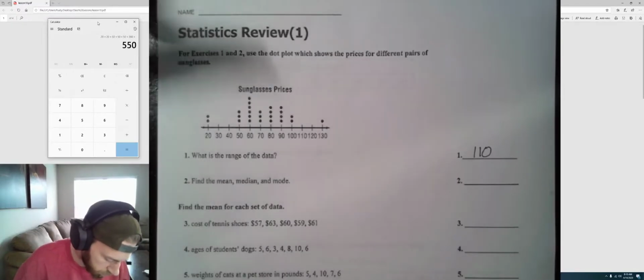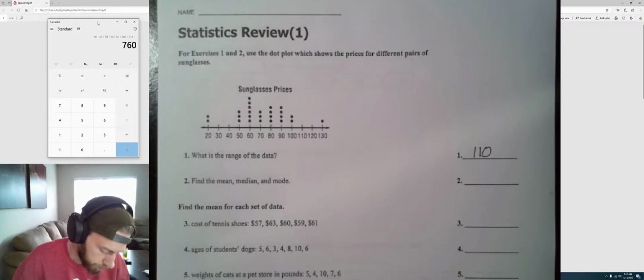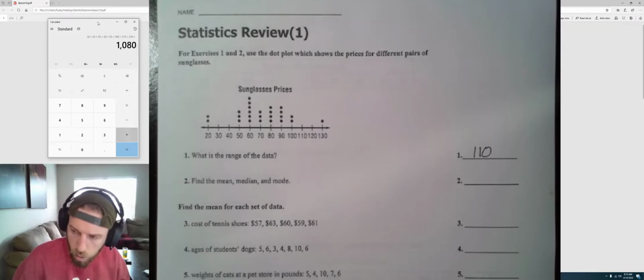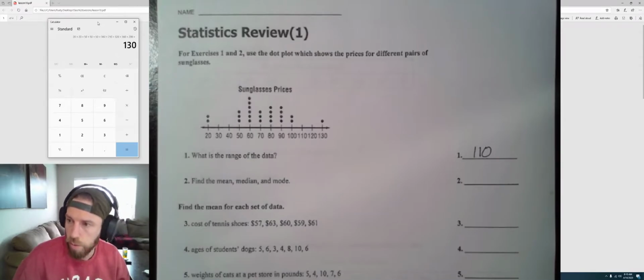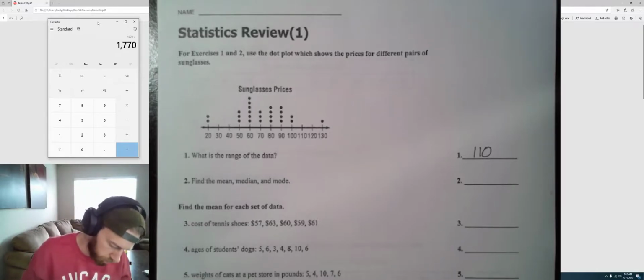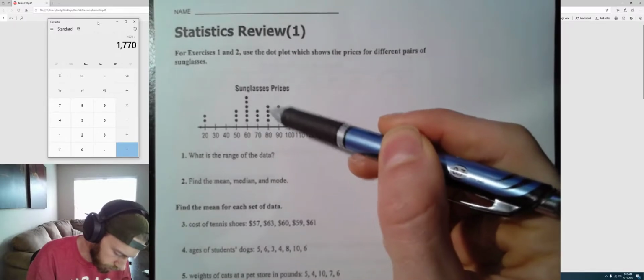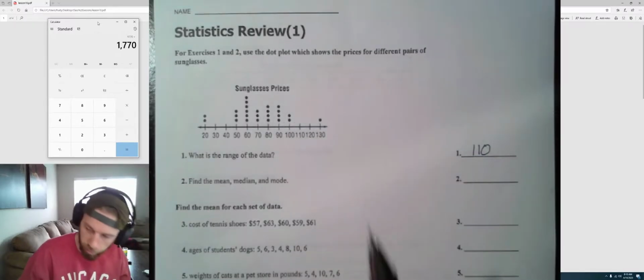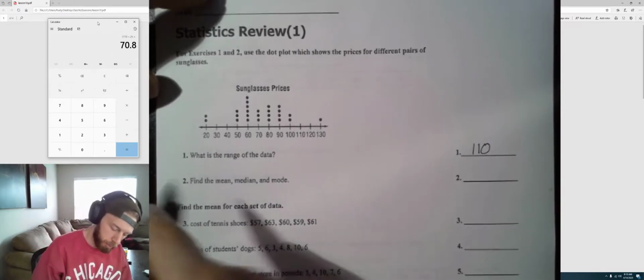I just did that in my head. 370s, 480s, 490s, 200s, and a 130. We divide that by how many total numbers we have? 2, 4, 6, 8, 10, 12, 14, 16, 18, 20, 22, 24, 25. So we got 70.8 for the mean.